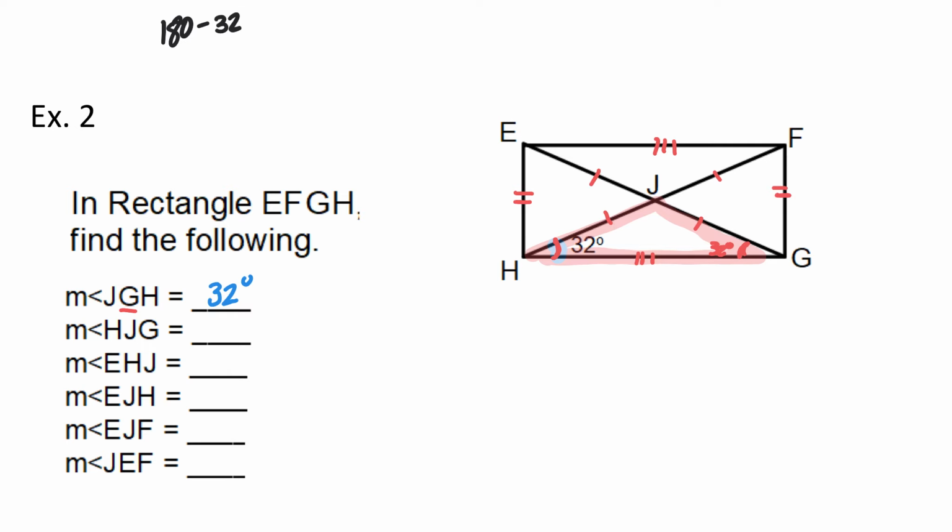And we know a measurement of 32, and then we know a second measurement of 32. So whatever remains will be this angle that I'm highlighting here, HJG, which is the next one in our list. So we learn that this is 116 degrees.